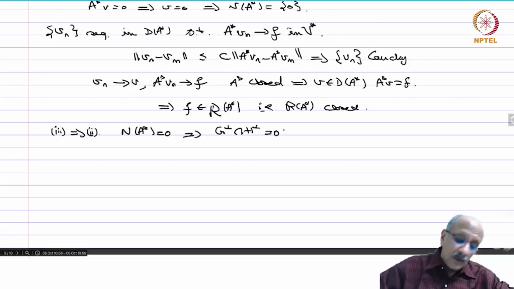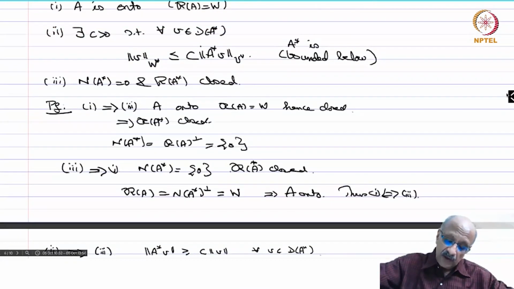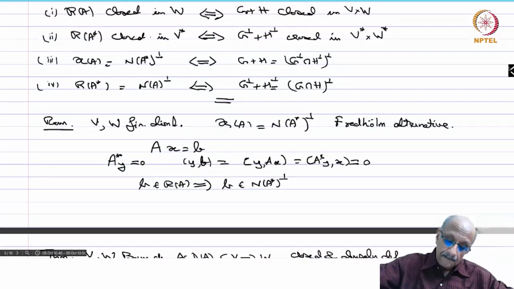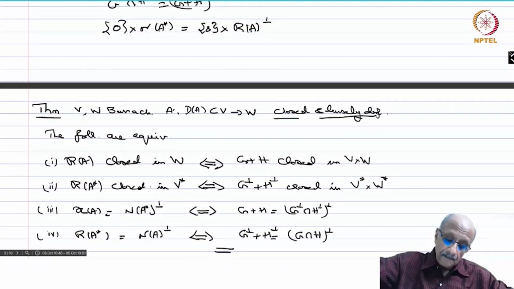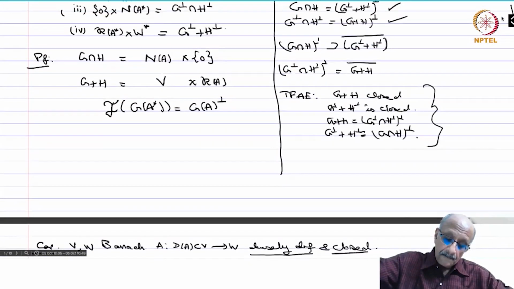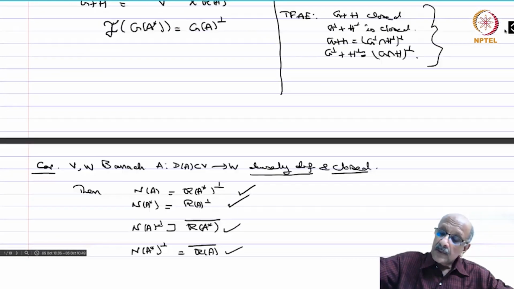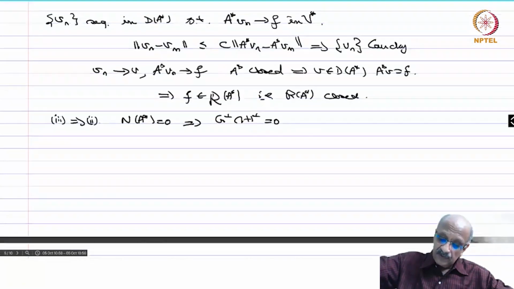Because what is G perp intersection H perp, we computed it somewhere: it is 0 cross N of A star. If N of A star is 0, then G perp intersection H perp is in fact 0.